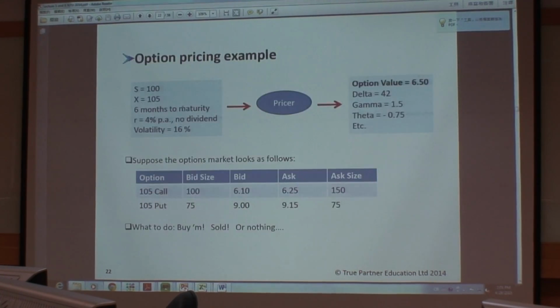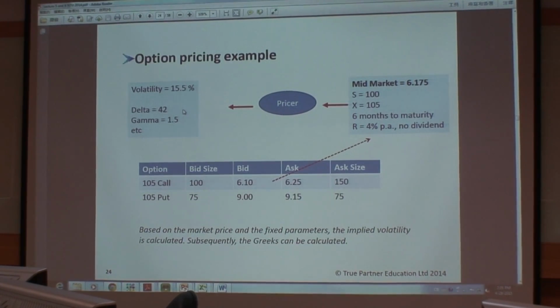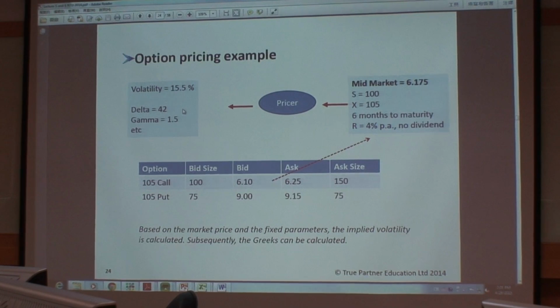This is how we look at option prices. I have a model, remember the binomial tree, that if I input volatility, share price, strike price, maturity, interest and dividend, it calculates the value of my option. But now I'm going to do it differently. I'm going to look at the market. In this case, the market is on average 6.18.